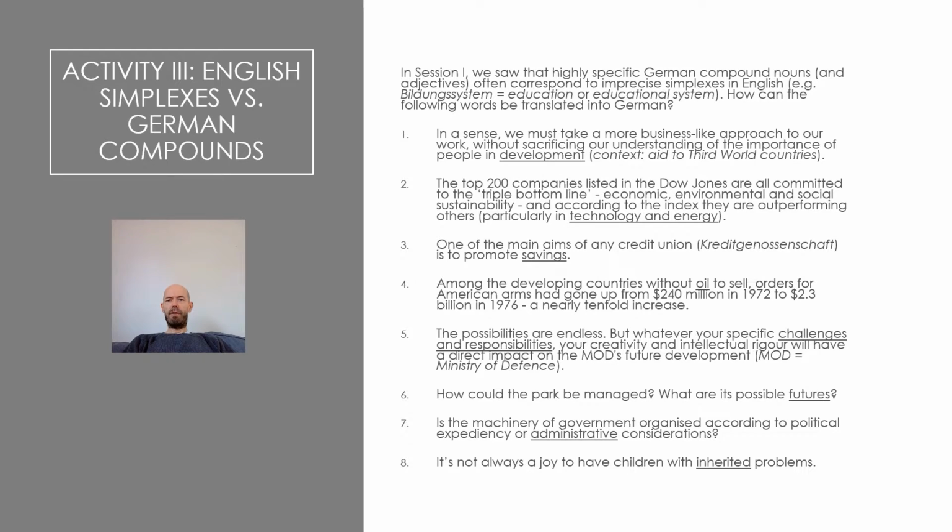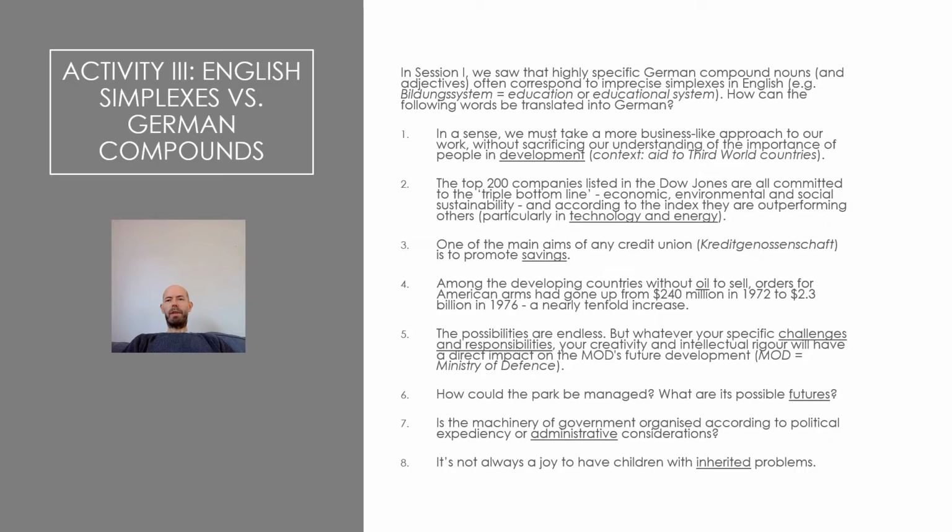Development, technology and energy, savings, oil, challenges and responsibilities, futures, administrative considerations, inherited problems. I'll give you some time to read these sentences and then we'll discuss them together as usual.